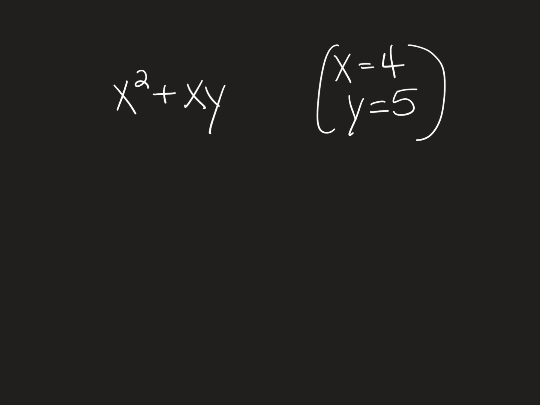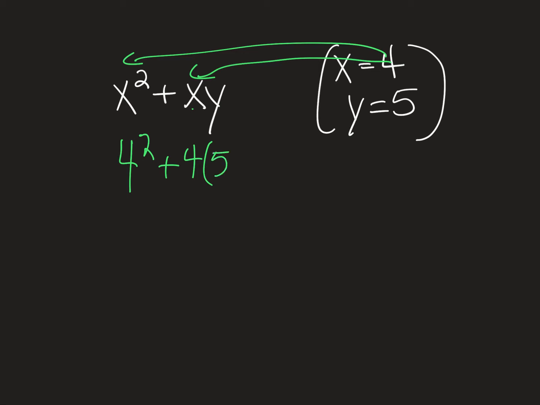For example, if you are given the expression x squared plus xy, but you are also given the value of x equals 4 and the value of y equals 5, you would take the value of x and substitute it in for the x, which is 4 squared plus the value of x times the value of y.